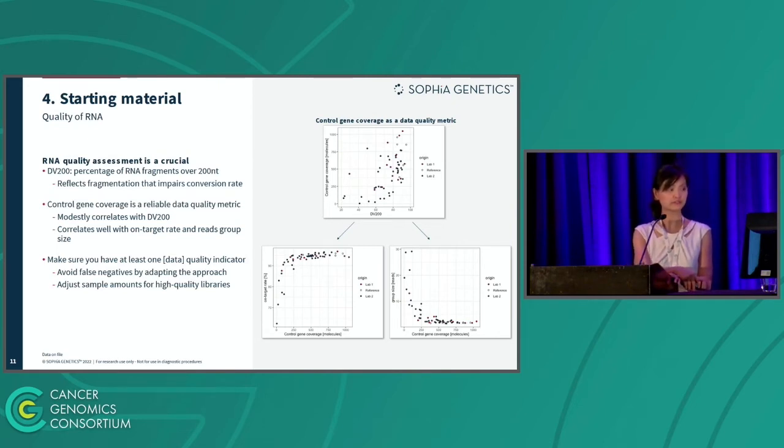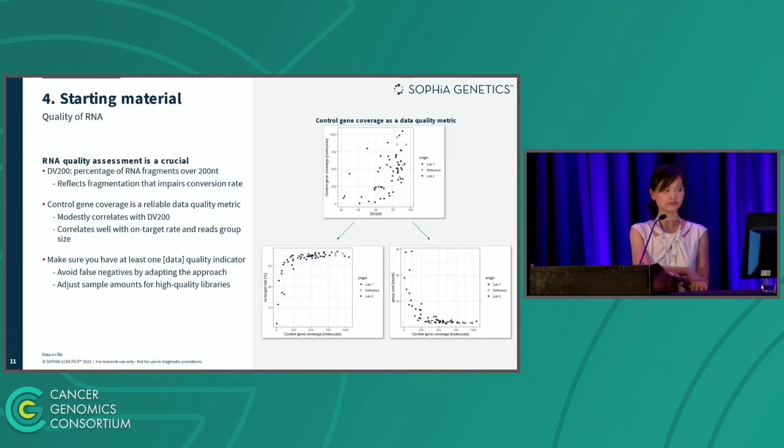So we've used control gene coverage as a reliable data quality metric. It correlates well with on-target rate, which is the graph on the bottom left, and it also correlates well with read group size. So the higher the coverage, the lower the read group size, the more diverse your library. So that's a good data metric.